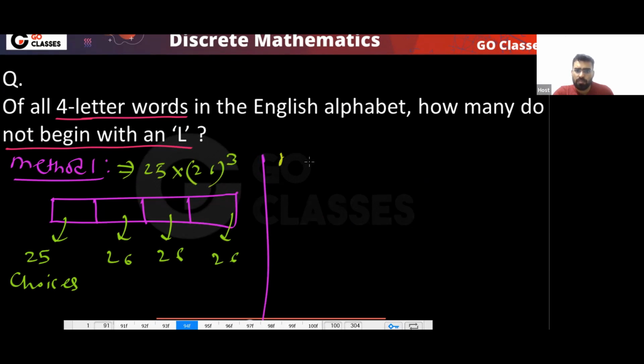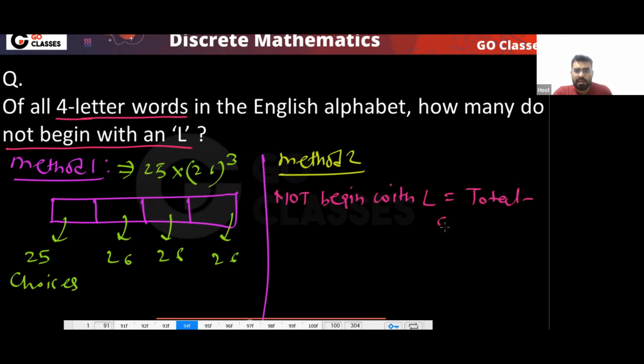And what is method 2? Method 2: not beginning with L means not starting with L, which is equal to total minus starting with L. Yes or no?